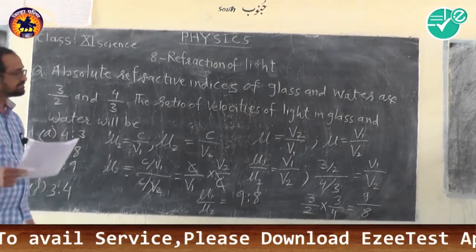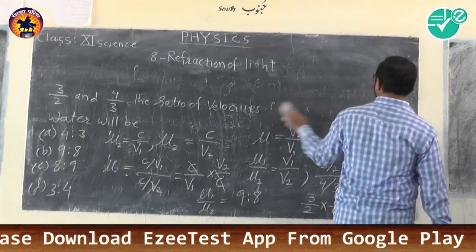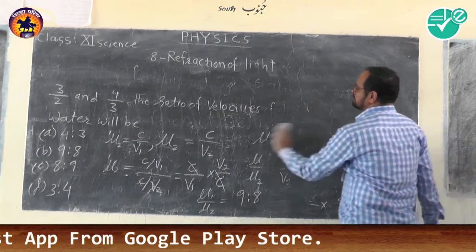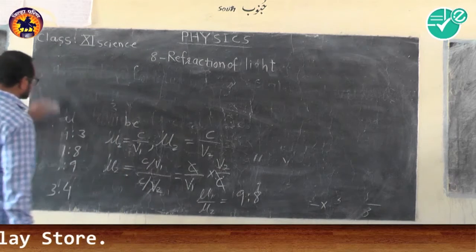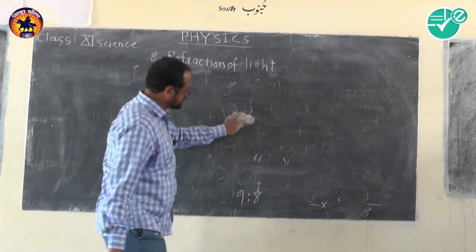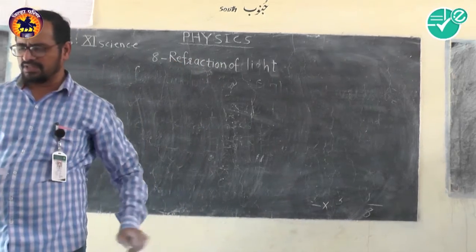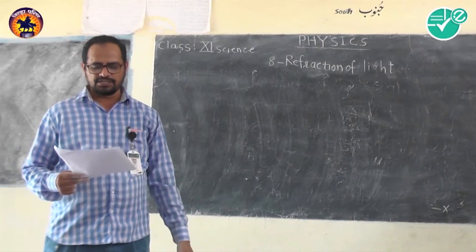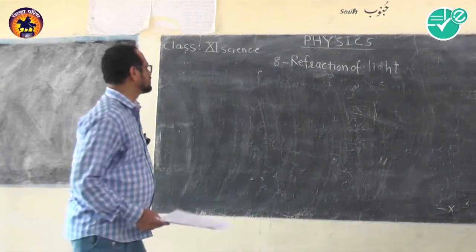And for the last one, I will take the question where the values are given in the form of wavelength. So I will read the question: the refractive index of a certain glass is 1.5.